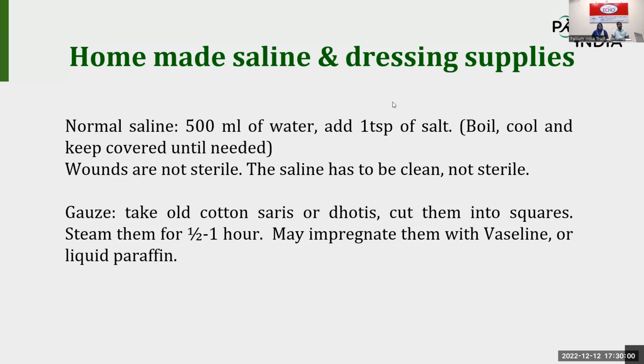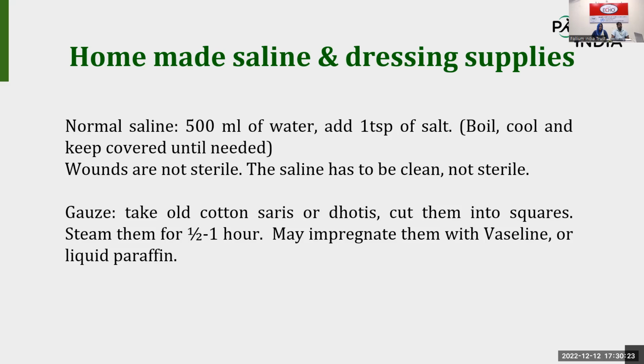Then gauze also. We can purchase gauze from the market, but if it is needed continuously, purchasing from outside is something a poor patient cannot afford. So we can promote using old cotton sarees or dhotis, any cotton material.